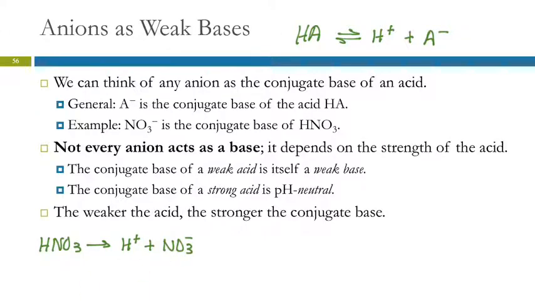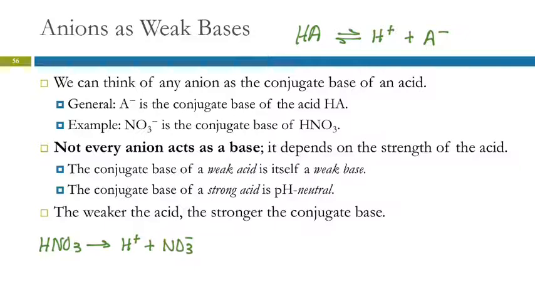There's no equilibrium here. It ionizes completely. So if I have nitrate ions, are they going to react with hydrogen and reform this? No, they're not. So here we have a strong acid. Its conjugate base doesn't act as a base. We say it's pH neutral. So the conjugate base of a strong acid is pH neutral.